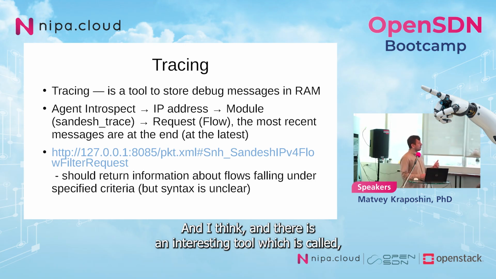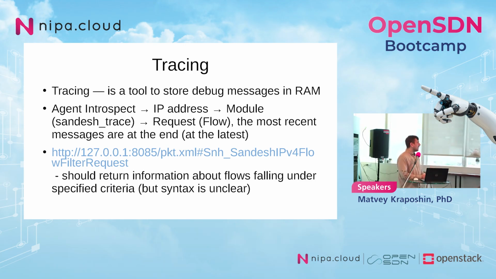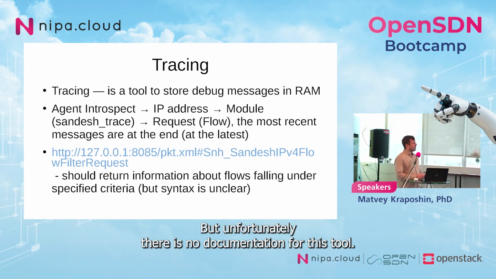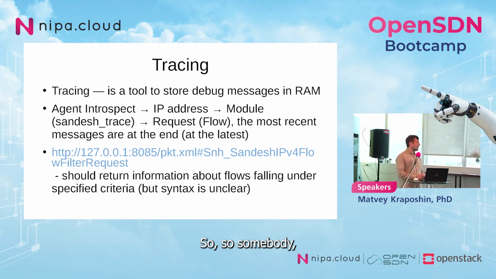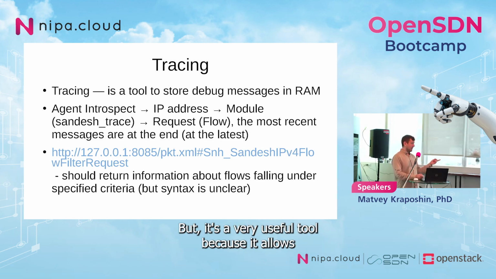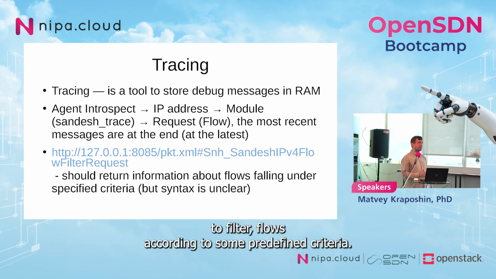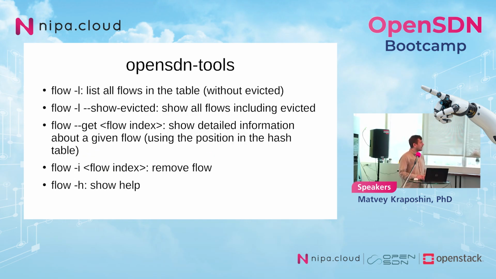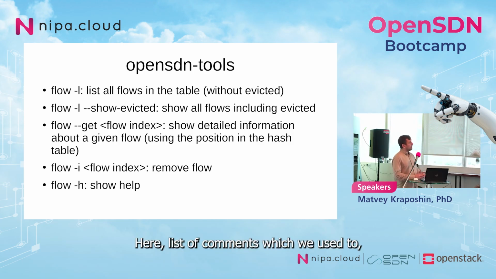And there is an interesting tool called flow filter request, but unfortunately there is no documentation for this tool, so somebody should study the code to understand how it works. But it's a very useful tool because it allows filtering flows according to some predefined criteria.